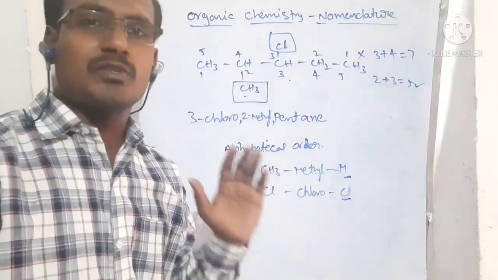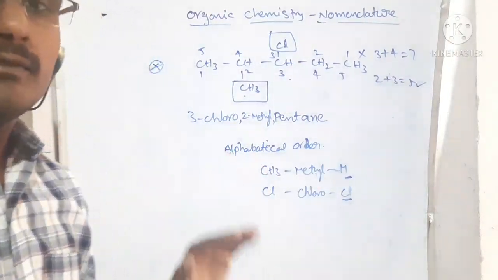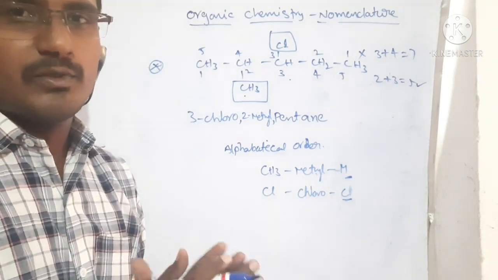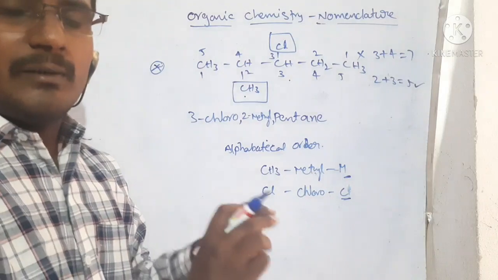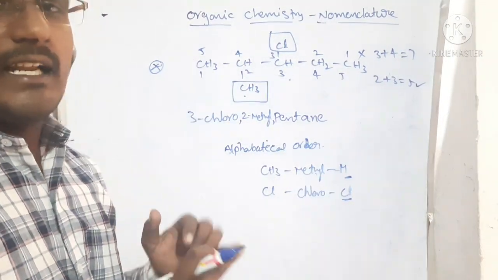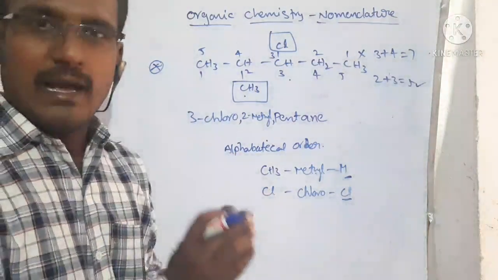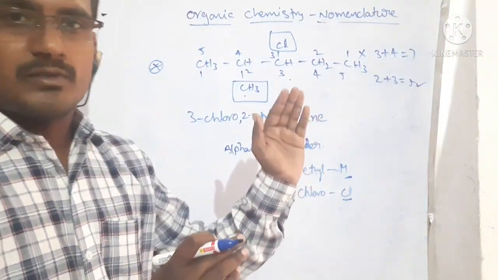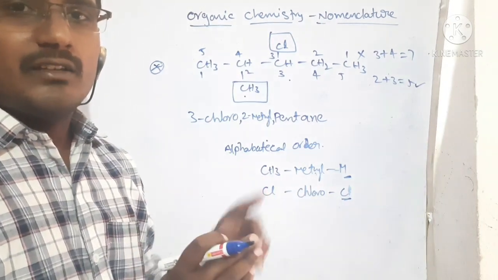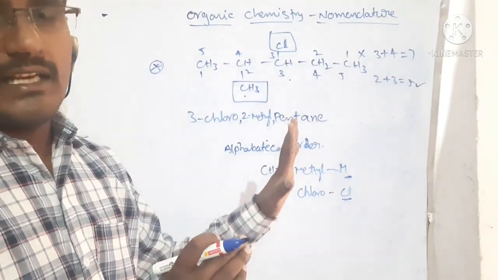If the hydrocarbon has 2 or more different substituents, first select the longest chain. Second, select the position of the substituents. Add the positions of the substituents. Whichever direction gives the lower number, prefer that number. That is the correct one.